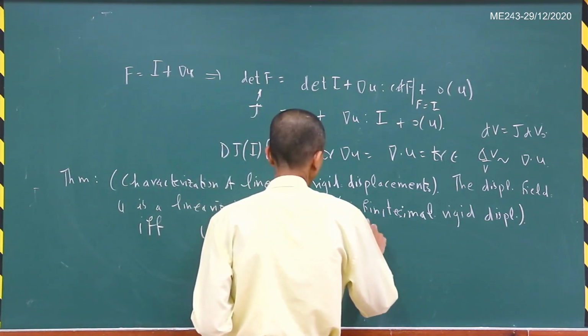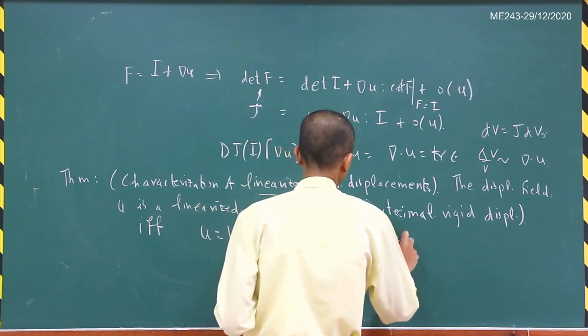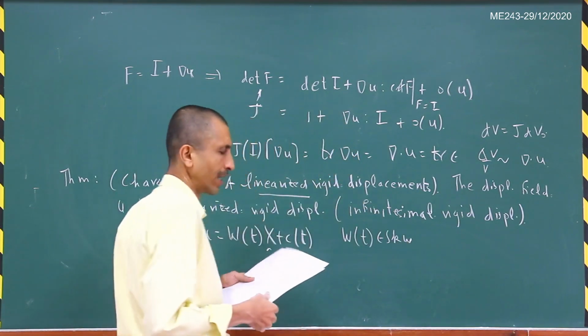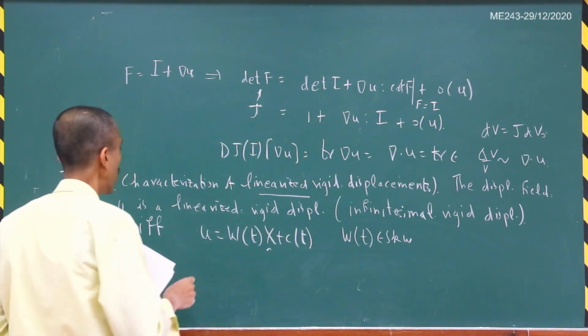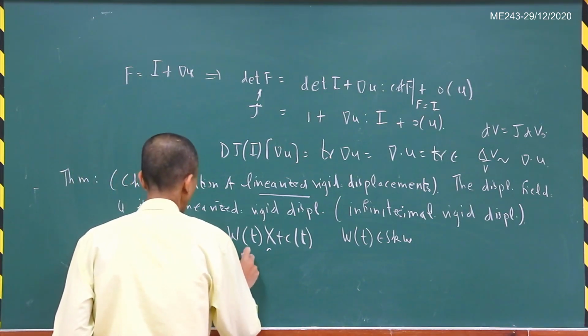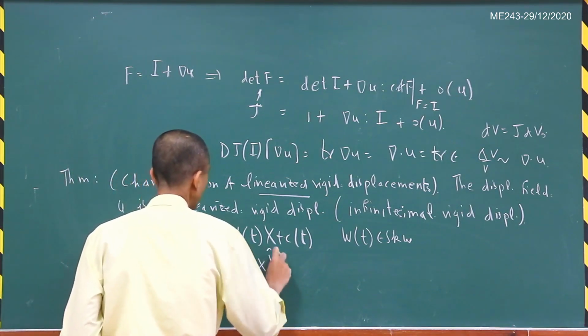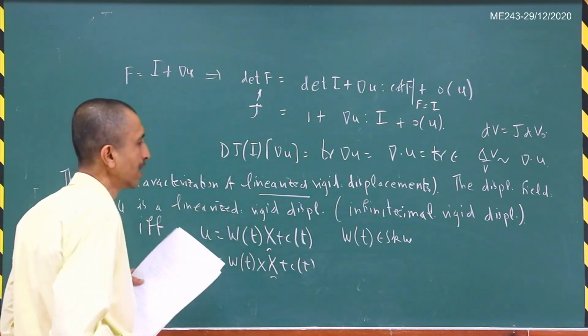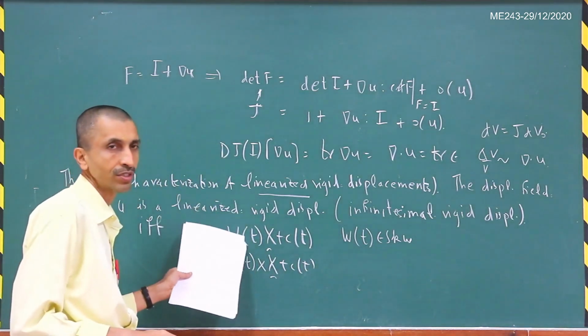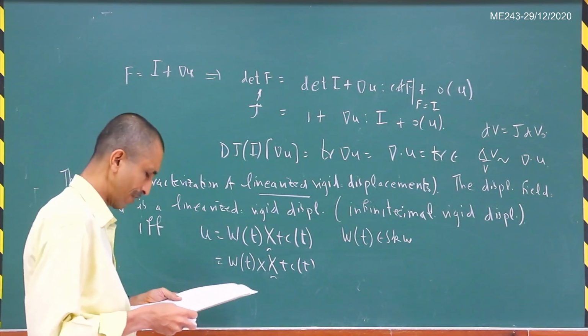W of T belongs to skew, and this C of T is just a vector in R3. So you can also write this in the form omega of T cross X plus C of T, where this omega of T is the axial vector of the skew symmetric tensor W of T.